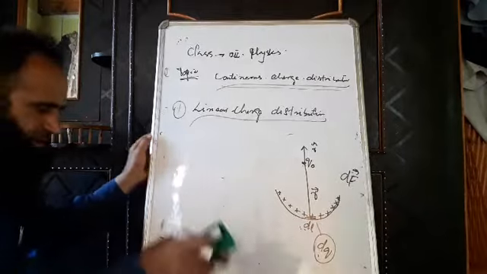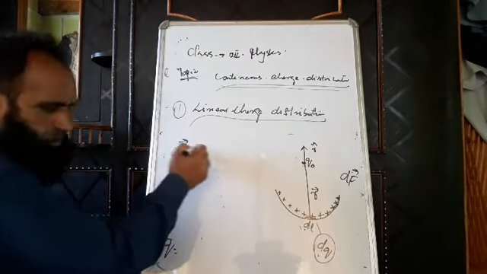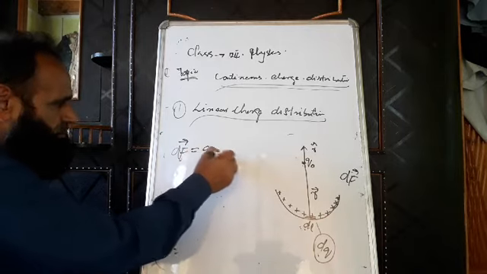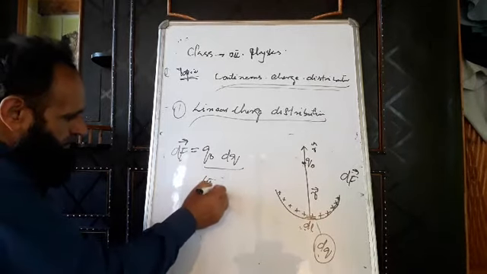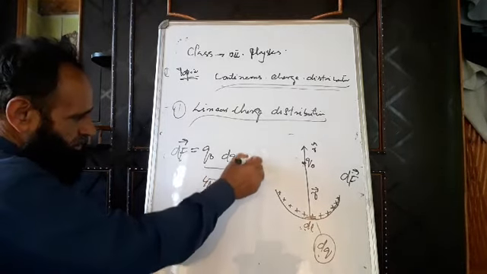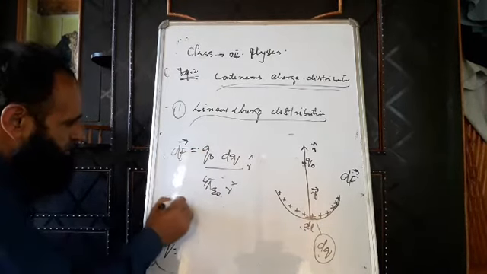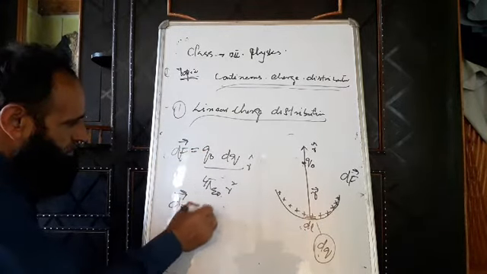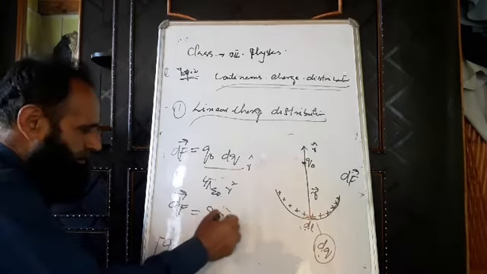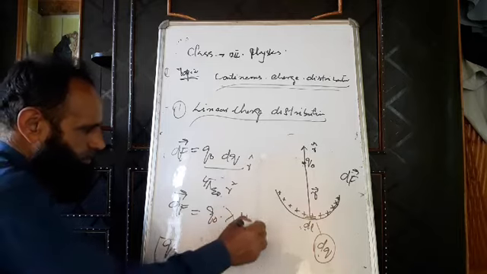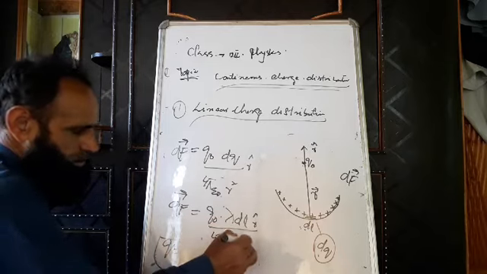We know that dF is equal to q naught dq divided by 4 pi epsilon naught r square, into r cap. Instead of dq, we write lambda dl, so dF is equal to q naught lambda dl r cap divided by 4 pi epsilon naught r square.